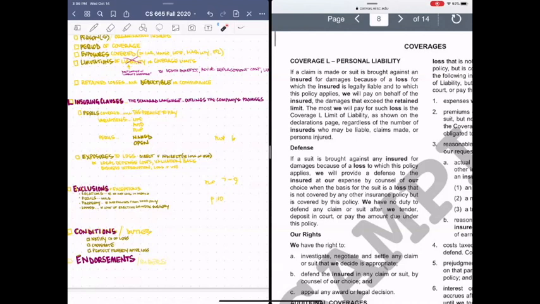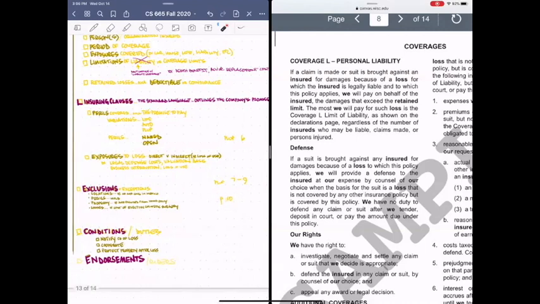Those two paragraphs are the entire promise, generically speaking, for what this policy is going to provide. The peril here is liability, and the exposure, legal defense, and the cost to pay for the damage that I might do with my car, my house, or me with my mouth or my words. Those are all part of the coverage.